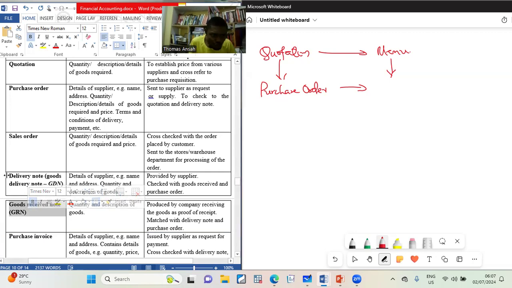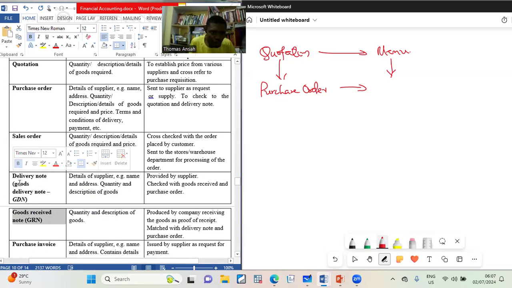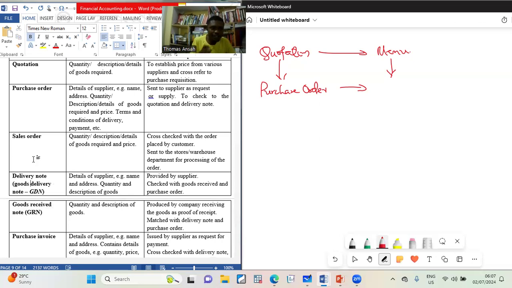Very soon we will be going deeper into these two. These are the ones that you don't want to let go of. You really want to have an understanding of that. Very, very important: goods delivery note, goods receipt note.